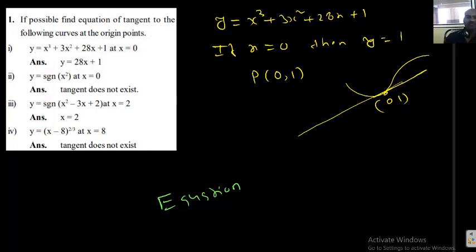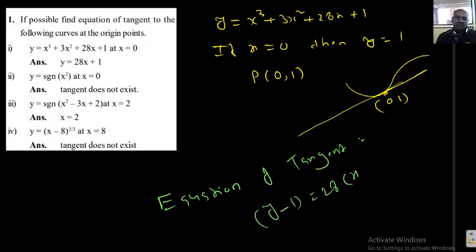Equation of tangent: y minus y1 equals slope, just now 28, into x minus 0, or y minus 1 equals 28x, or 28x minus y plus 1 equals 0 is the equation of the required tangent.